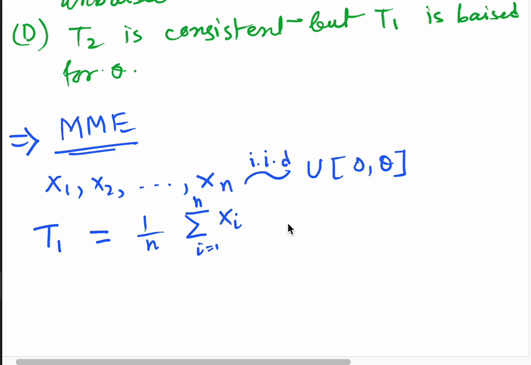And we know that the expectation of these is equal, and if n tends to infinity, this is actually theta by 2, which is T1.